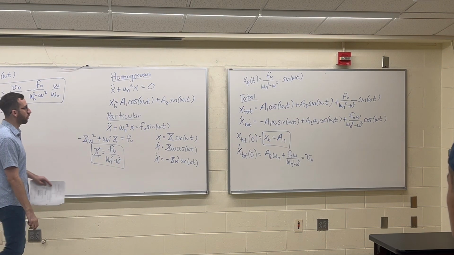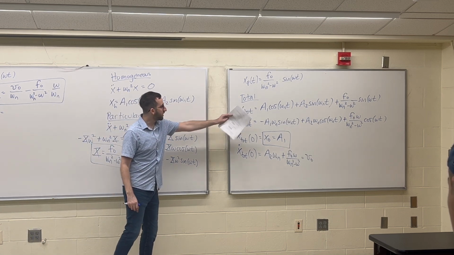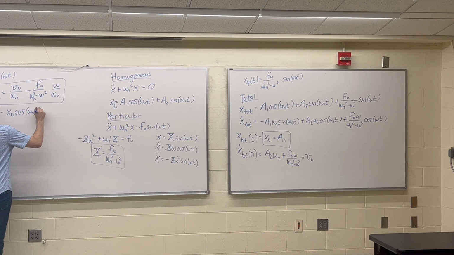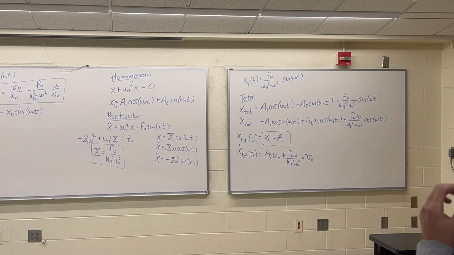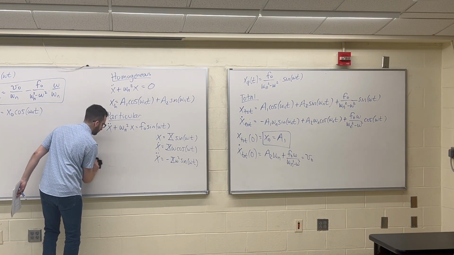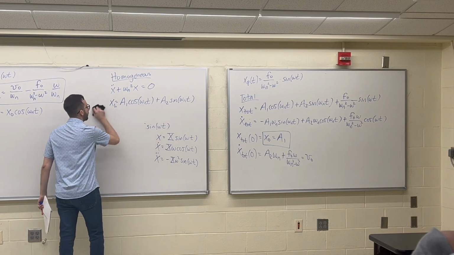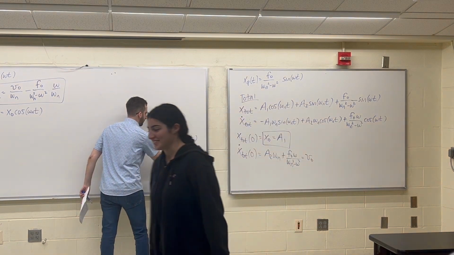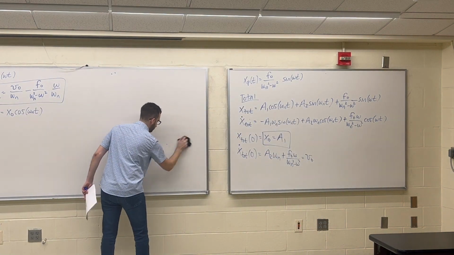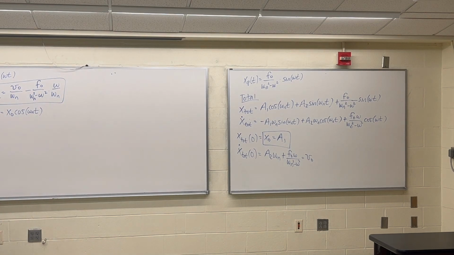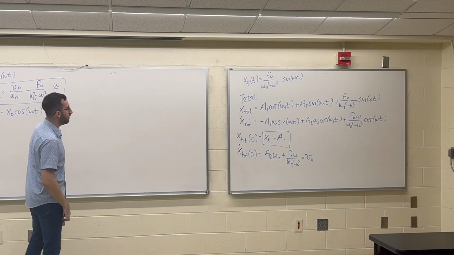So based on our total, this will be A1 cosine, that's x naught cosine omega nt. Erase the rest of this stuff. Plus A2 sine.